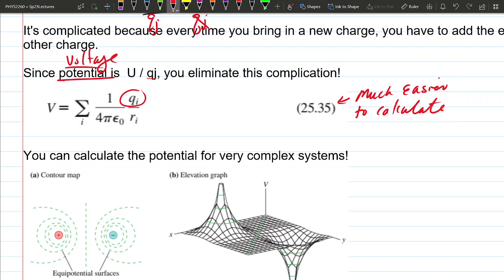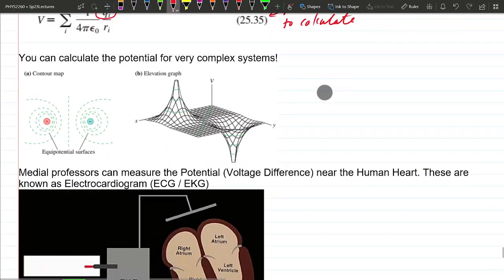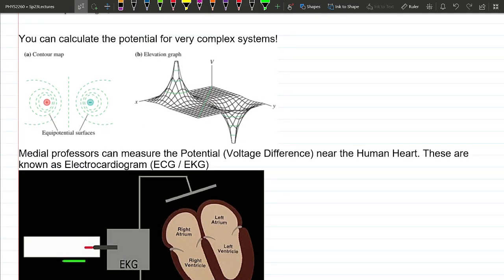Computationally, it's exponentially harder to calculate the potential energy versus just calculating the potential, just because you have this double summation situation. So you can calculate the potential for a very complex system. Let's say you have 2 charges here.